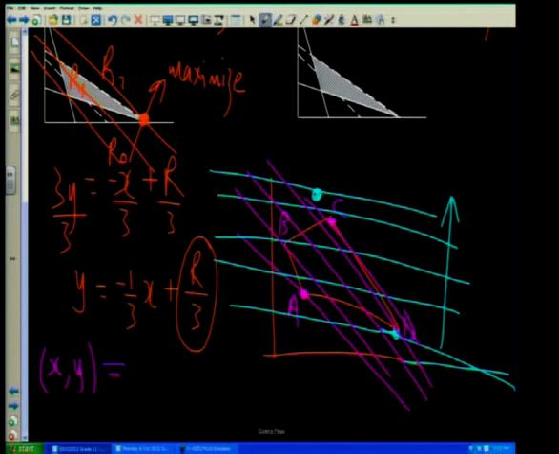Let's say we've got 0 and 0. That's one of the values you can substitute into that equation. You could substitute, let's say, 1 and 3.